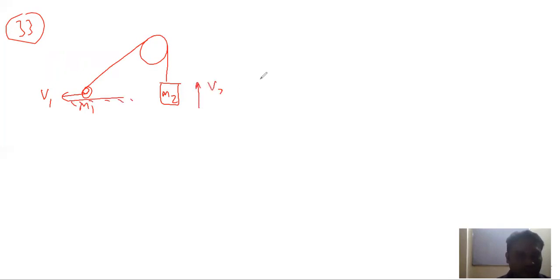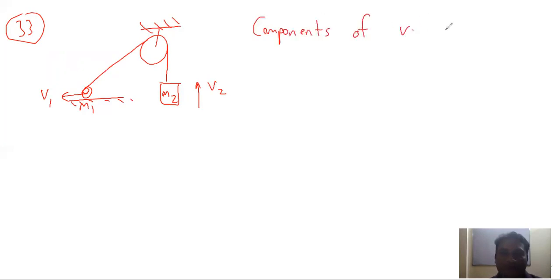This is velocity v2. Now, as we discussed in the previous example, the components of velocity along length are equal. So in this case, what method will I use? Components of velocities along the string are equal.